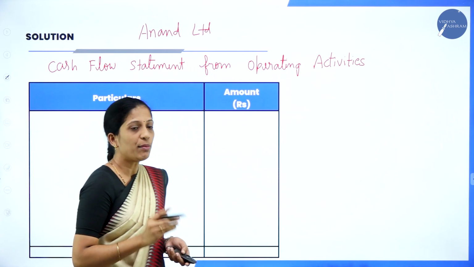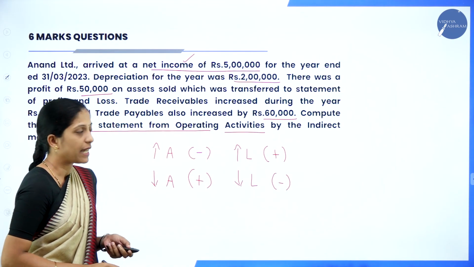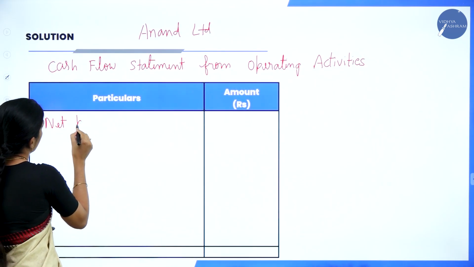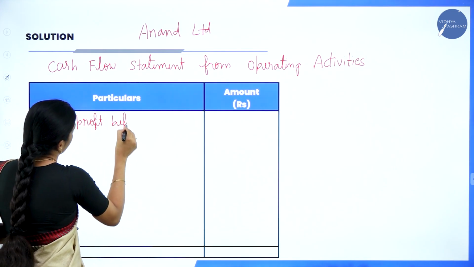Next, they have given net income rupees 5 lakh. So this is net profit before tax.